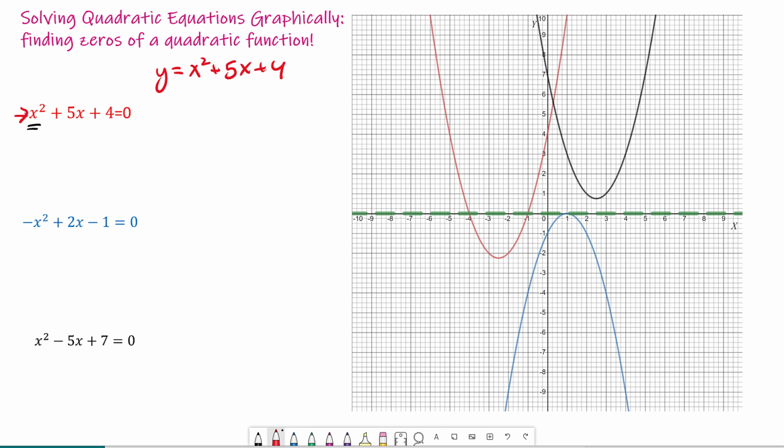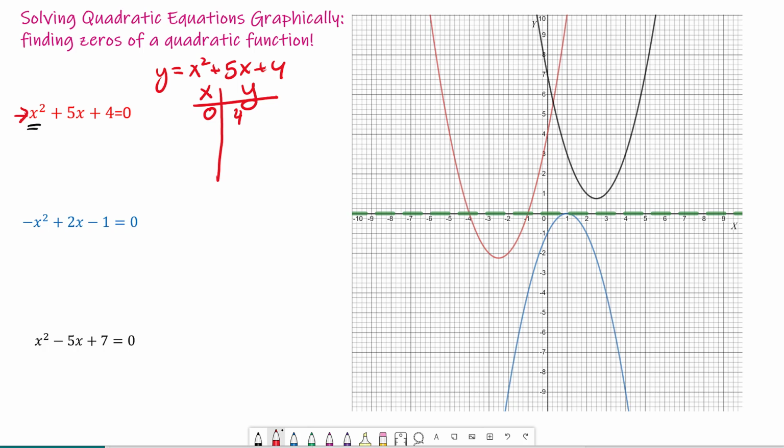So we can actually make a little table here, right? We could do a table x and y and look at different values of x and use those to start graphing our function. So for instance, for x equals 0, we have y equals 0 squared plus 0 plus 4. So y equals 4.